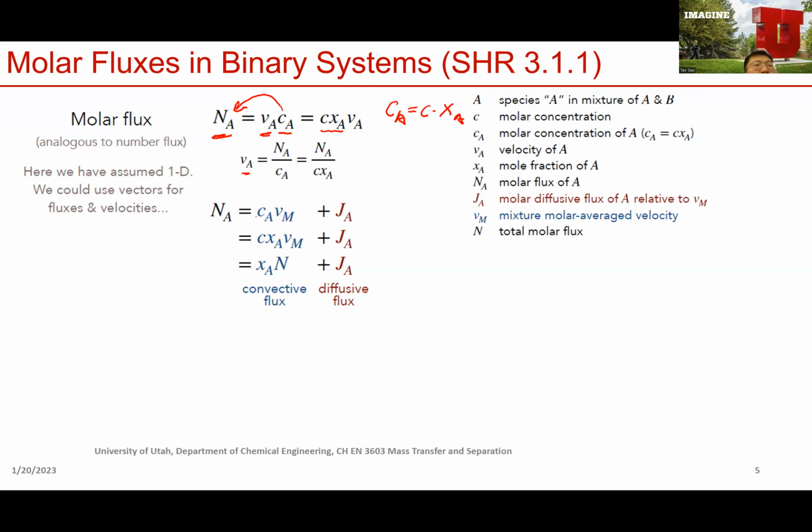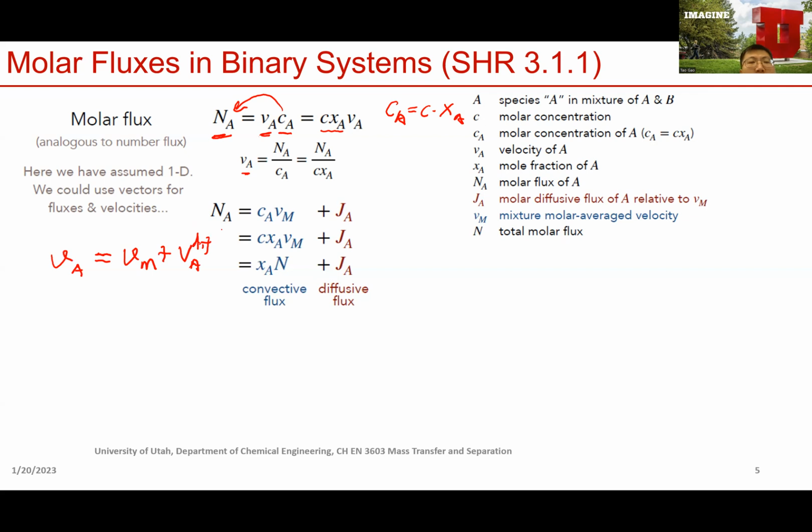Just like what we did with the velocity, right? So we call that V_A. We can write V_A, the velocity of species A, as two components. One is the average velocity of the fluid plus a difference, right?